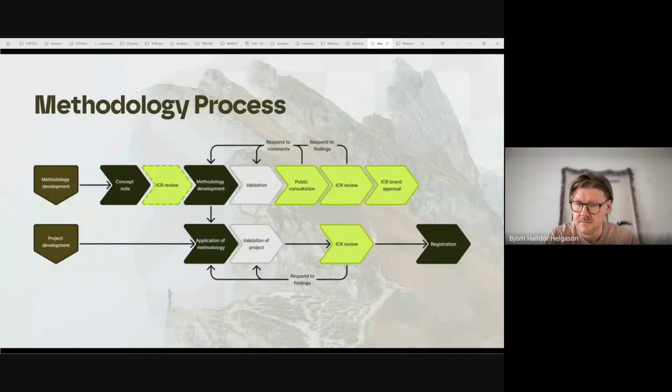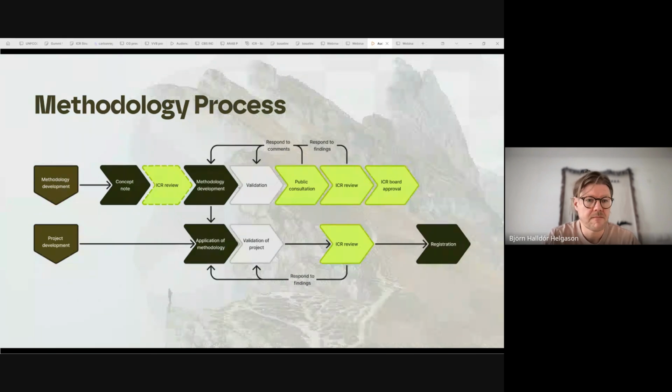We are now in the public consultation of this methodology. We then gather the feedback from the consultation, comments received from stakeholders, and deliver that to the developer and the VVP, who need to consider the feedback received.